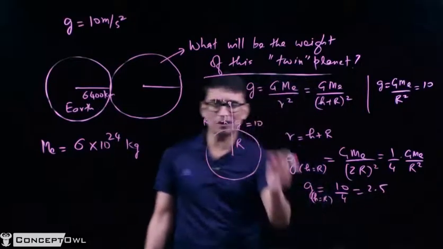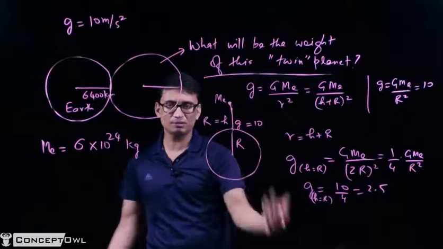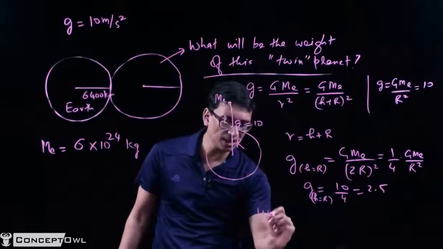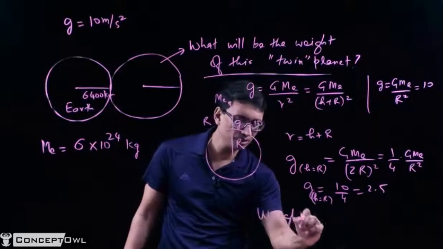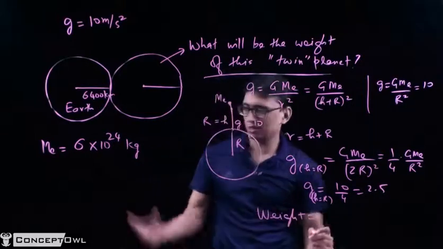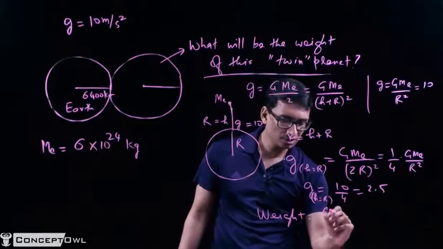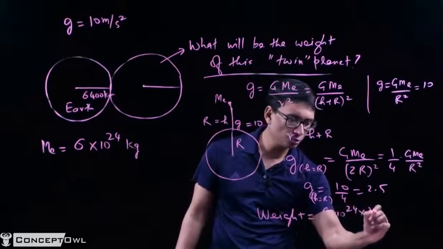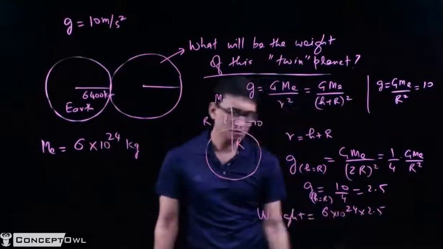So if you have a point mass here, what will be its weight? Mass into gravity. So the weight of the twin planet would be how much? That would be mass 6 into 10 to the power 24, into 2.5. What is this?